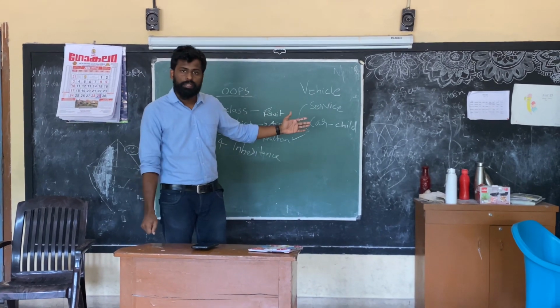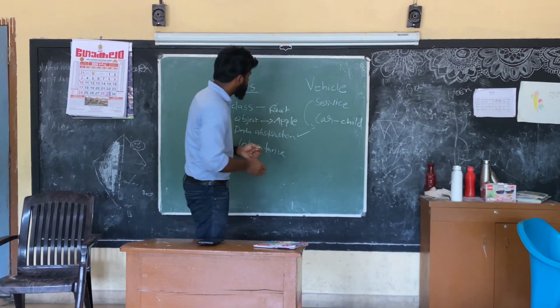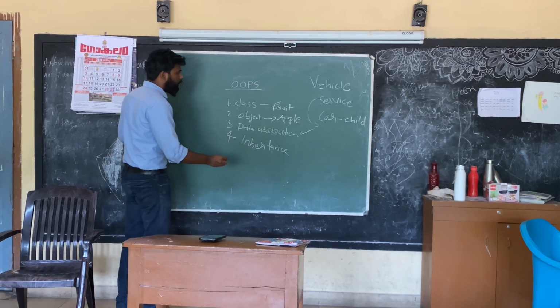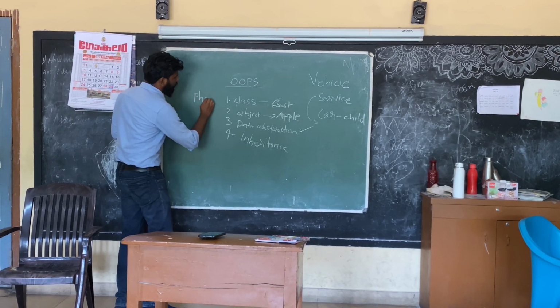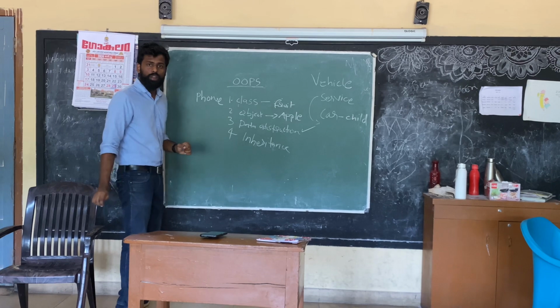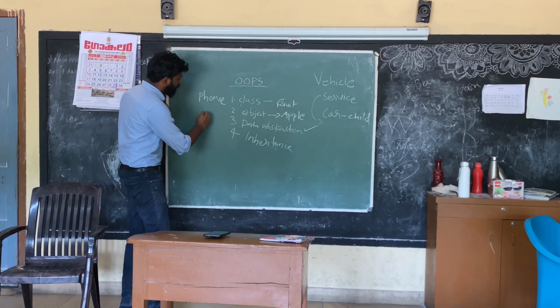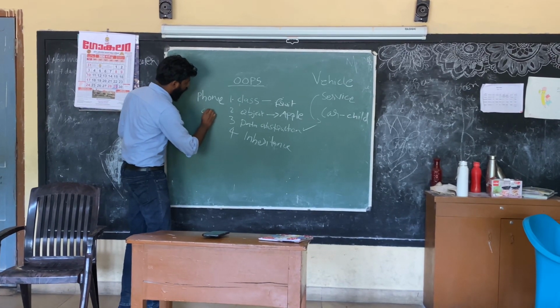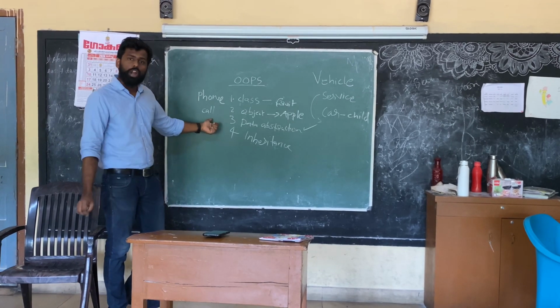That is the property. We can take another example, let's say something called a phone. There is a class called Phone, and there is a method called call.